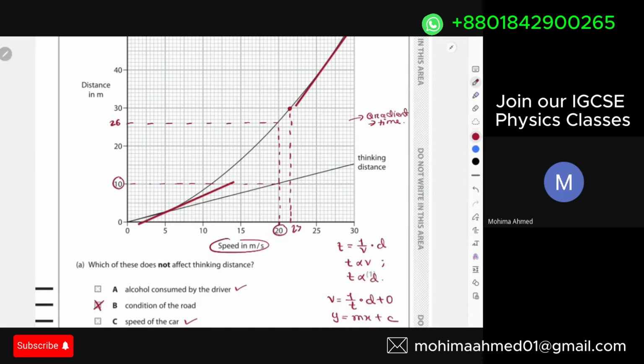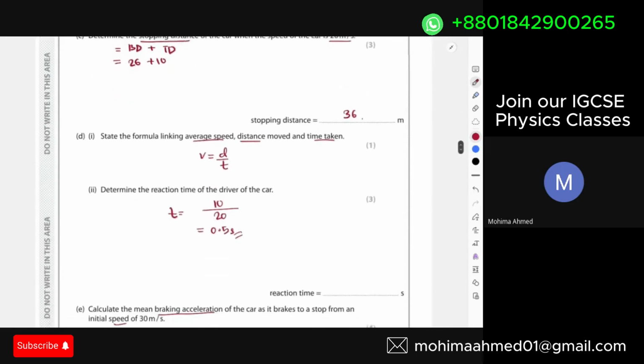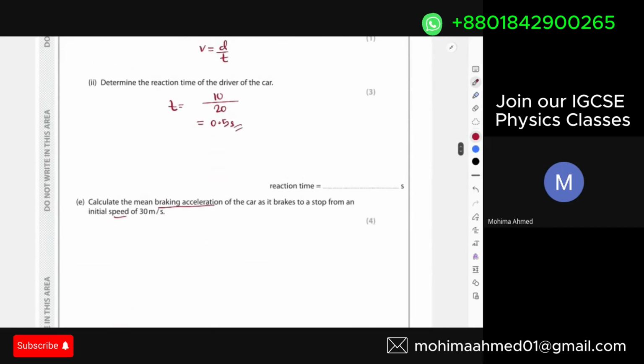So for this case, you can write that your speed is 23, distance is 26, 26 divided by 23. Calculate the mean acceleration.